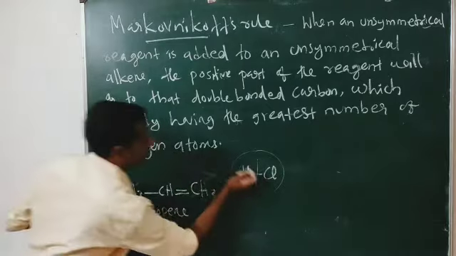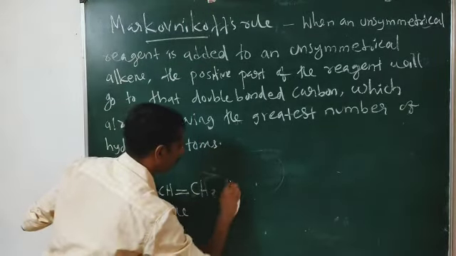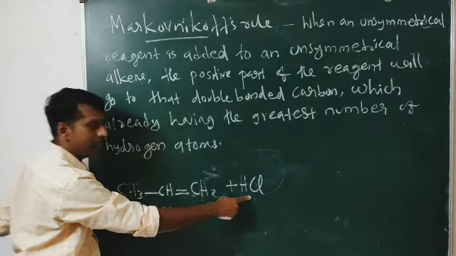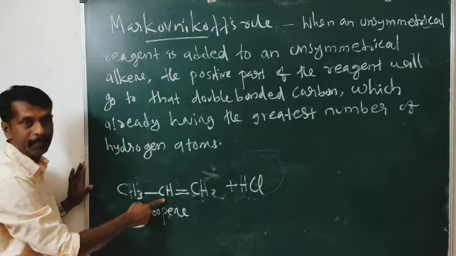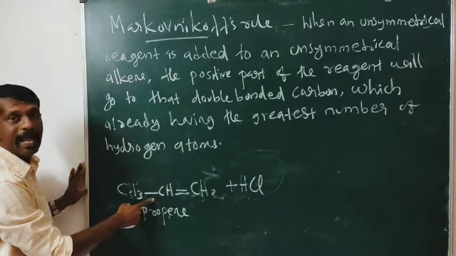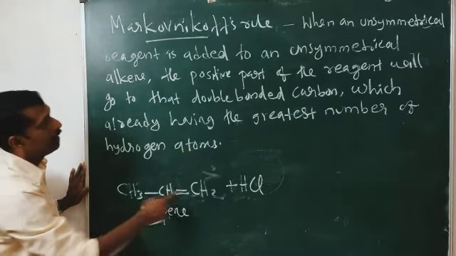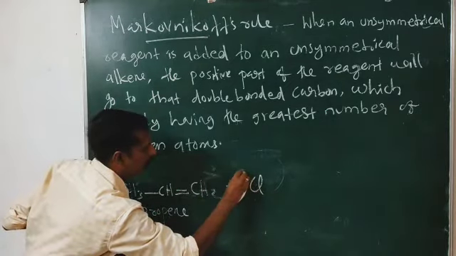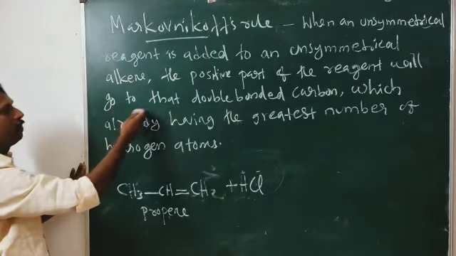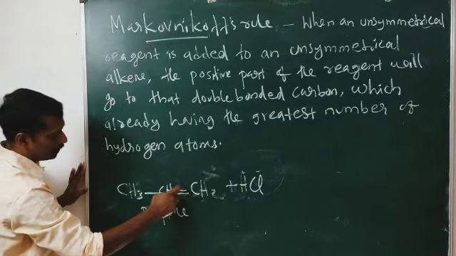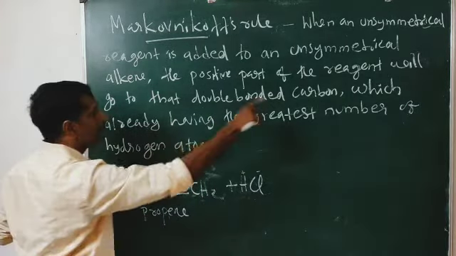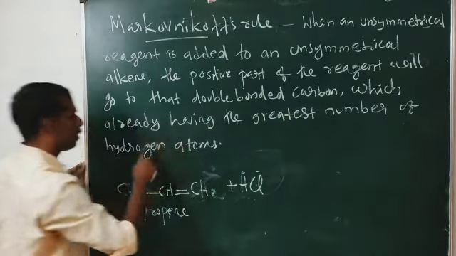So in this case, we are taking propene plus HCl. Now our condition is clear. This is an unsymmetrical reagent and this is an unsymmetrical alkene. So when an unsymmetrical reagent is added to an unsymmetrical alkene, the positive part of the reagent, in HCl that is H plus, with Cl minus, will go to that double bonded carbon which already has the greatest number of hydrogen atoms.